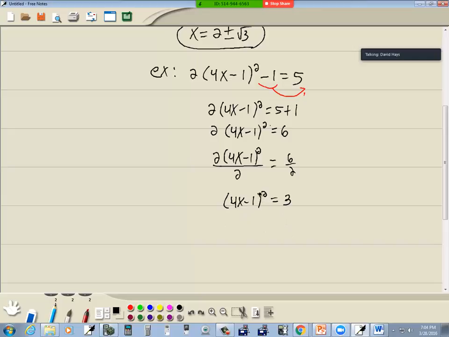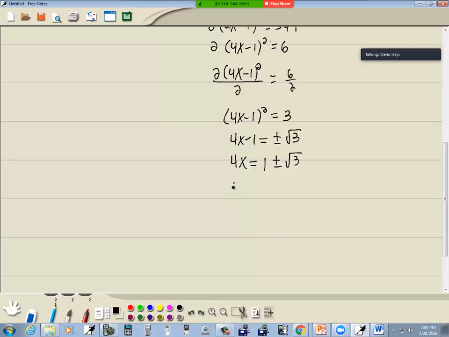And now, this is in the right form. It just simply says if you got something squared equal to something else, then you drop the squared, and you put a plus or minus square root on the other side. Take negative 1 over, and we get 1 plus or minus square root of 3.